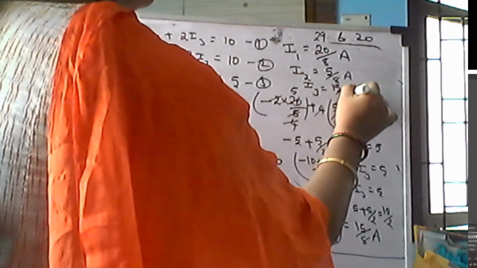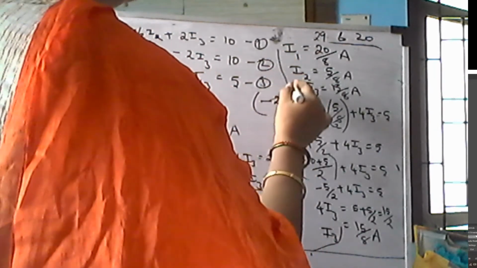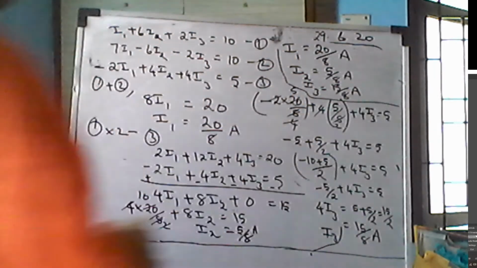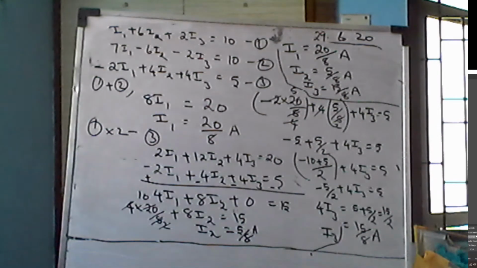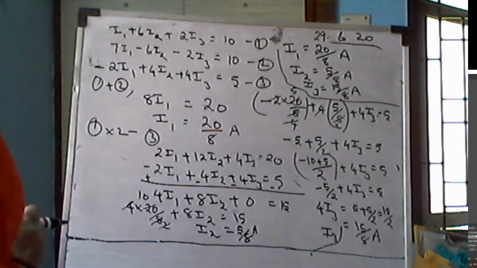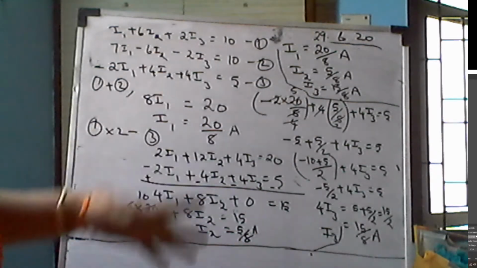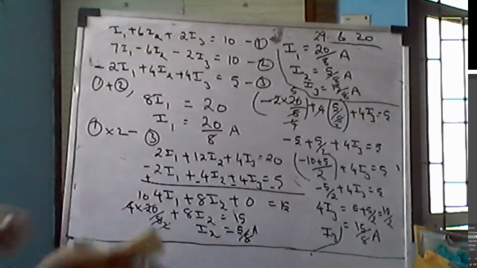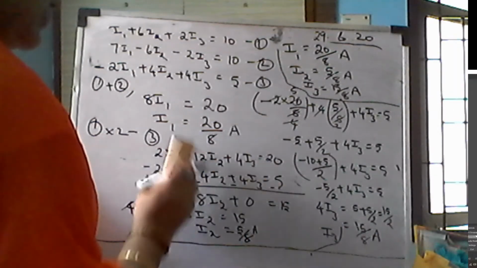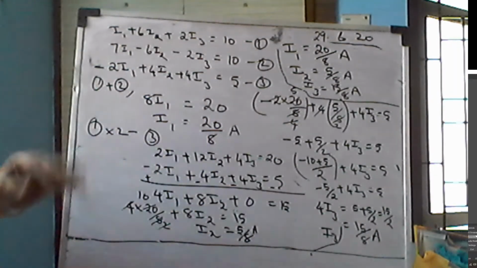So this is what we have calculated. Now in the circuit we have to find out across each resistor what is the value. That's what the question is. So I1, I2, I3 you have found out. I think you have understood up to here.